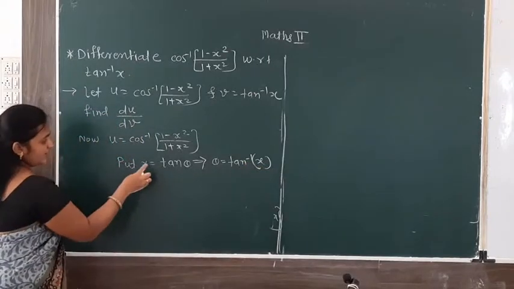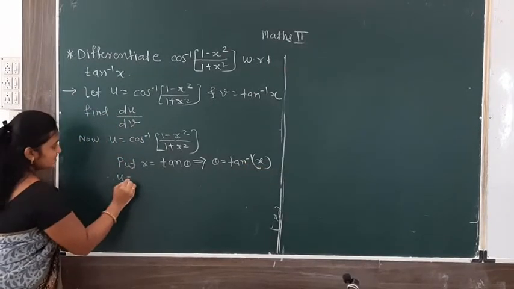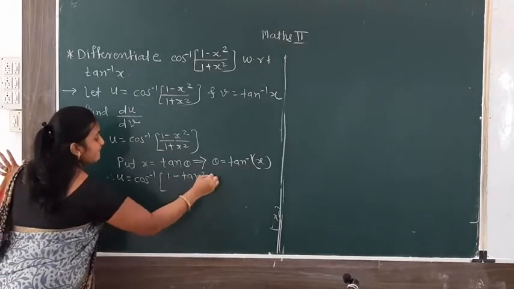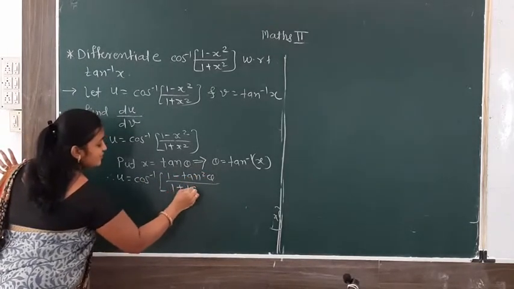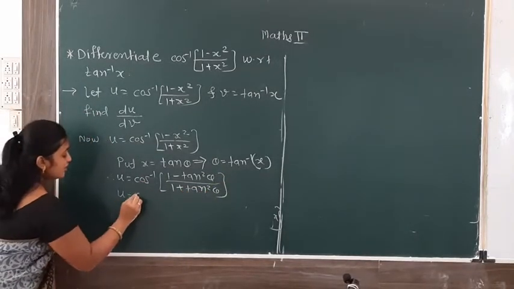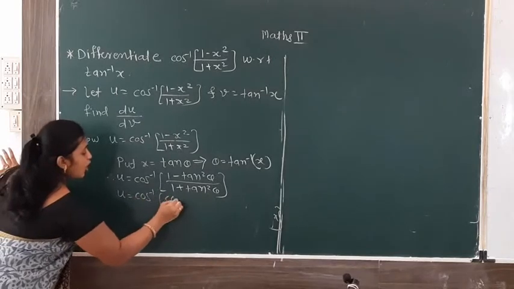So u is equal to cos inverse of 1 minus tan square theta divided by 1 plus tan square theta. This is the formula of cos 2 theta, so u is equal to cos inverse of cos 2 theta.